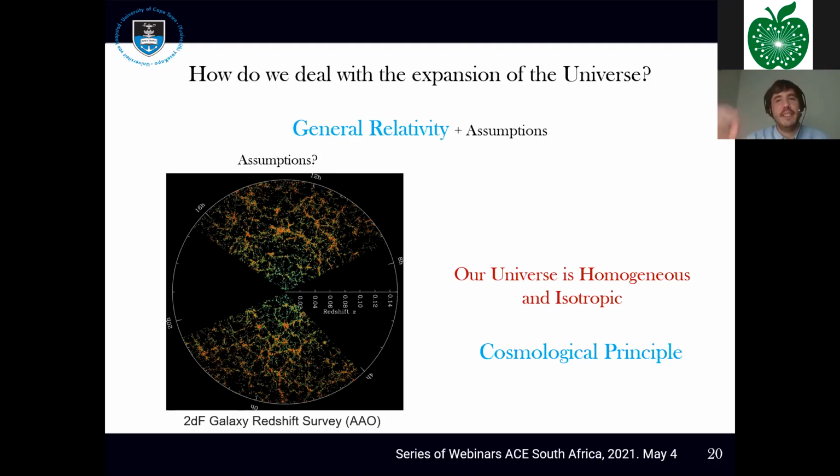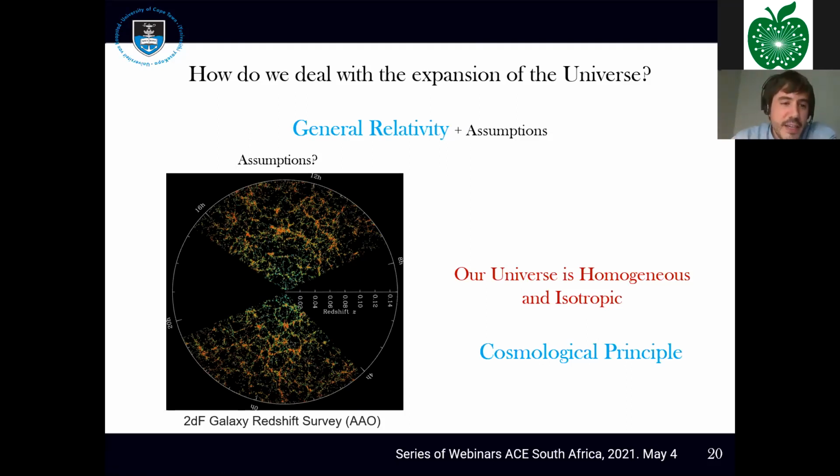Maybe you will say, okay, this is not true. If I look at the center of the solar system, I can see the sun, but if I look toward the other direction, I just see some stars. So the universe is not homogeneous, it's not isotropic. But from some observations, if we look at our universe from a large distance, this is the image we have, and we can observe that our universe is more or less homogeneous and isotropic.